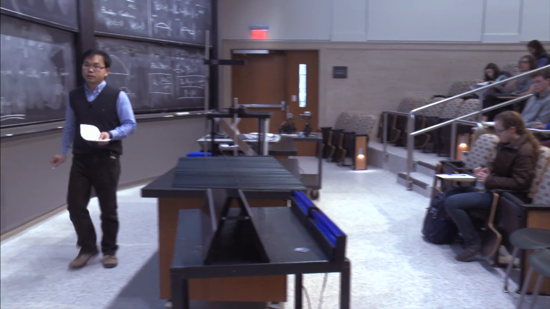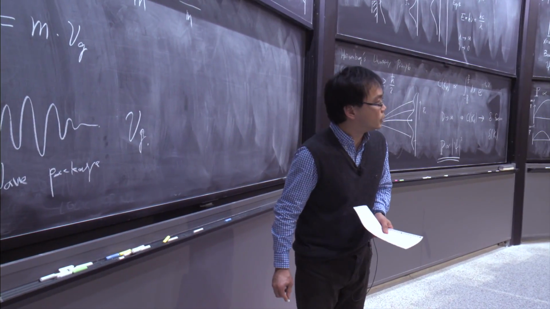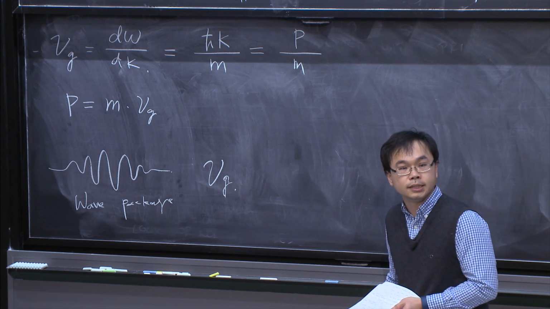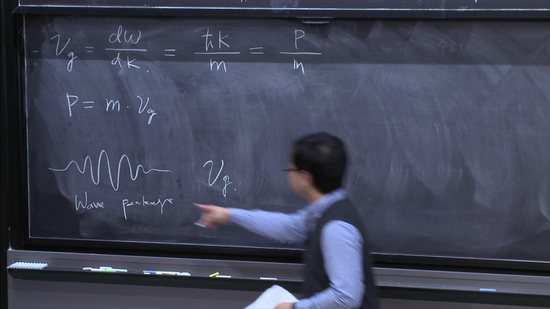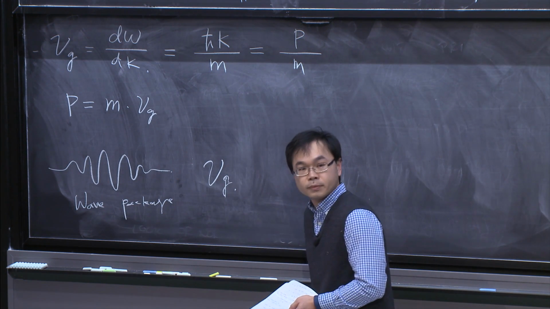It is described by wave functions. The classical behavior we see in the electron is because it is described by these wave packets.